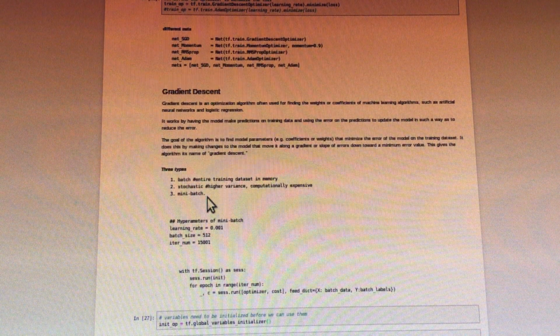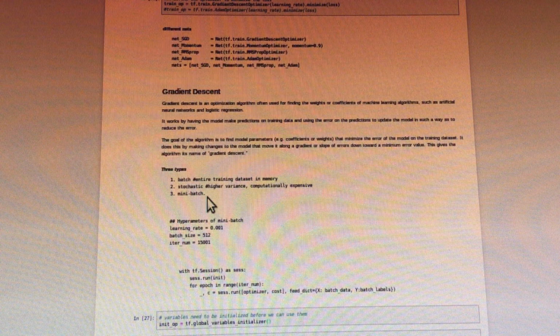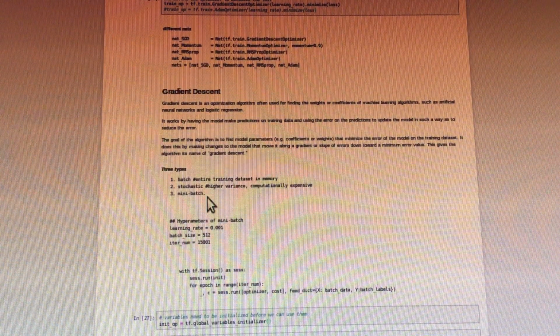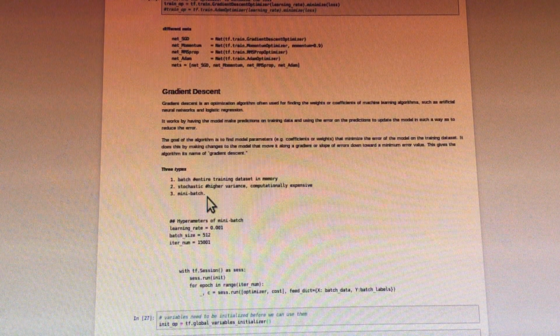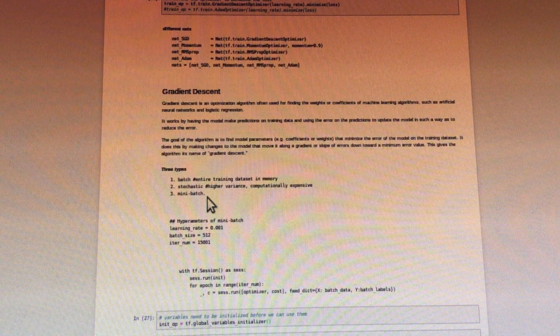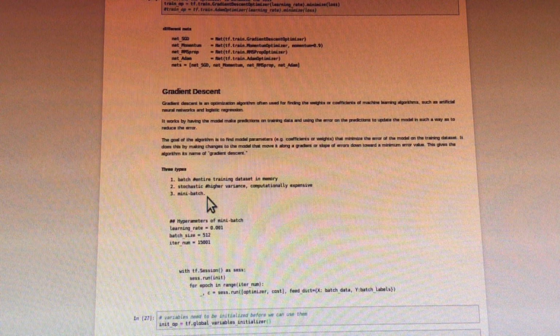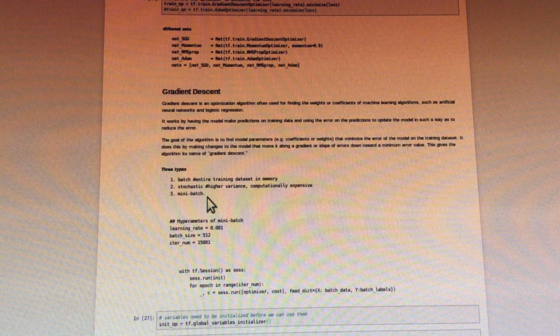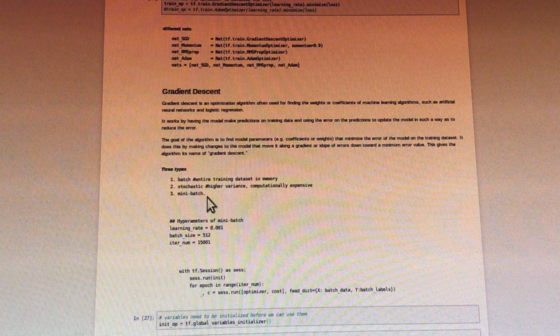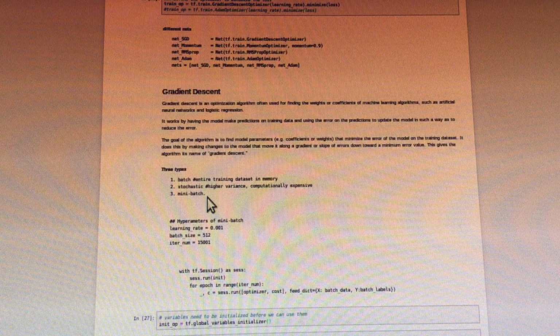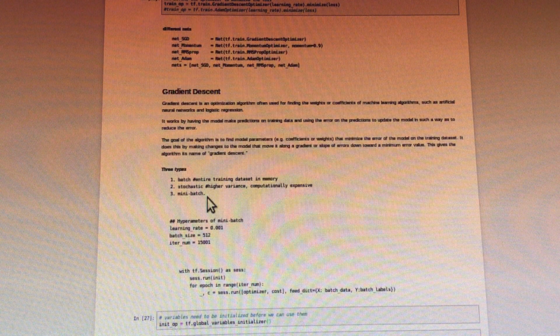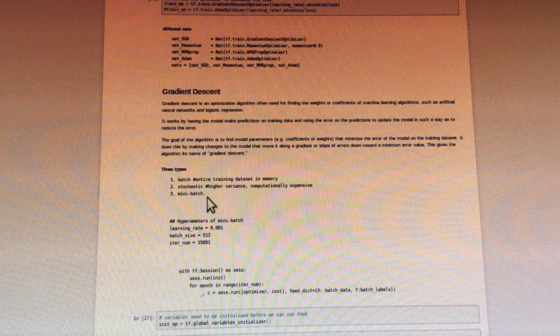Stochastic gradient descent, SGD, is the basic one, the beginning of the gradient descent concept. This is very computationally expensive, so we think of batch gradient descent.